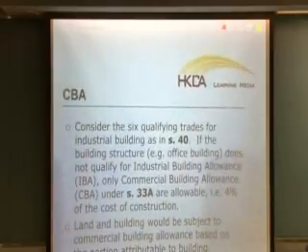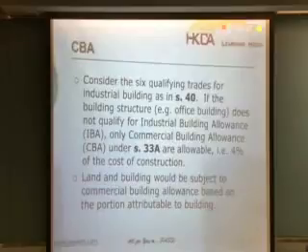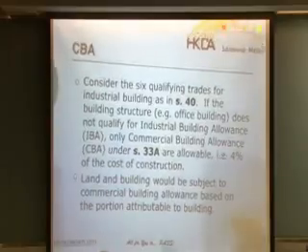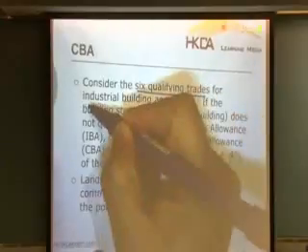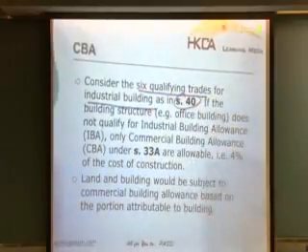And then page 21. Commercial building allowances. Whether a building is classified as commercial building or industrial building, we use the 6 qualifying trade for IB under this section.